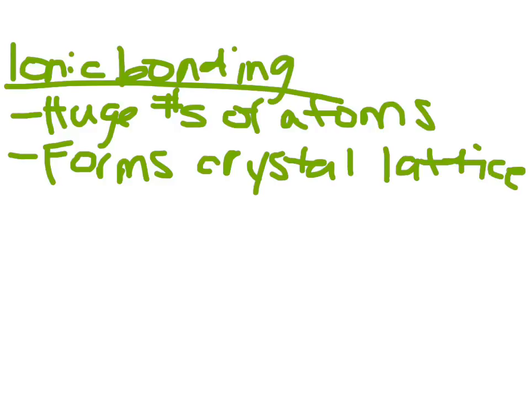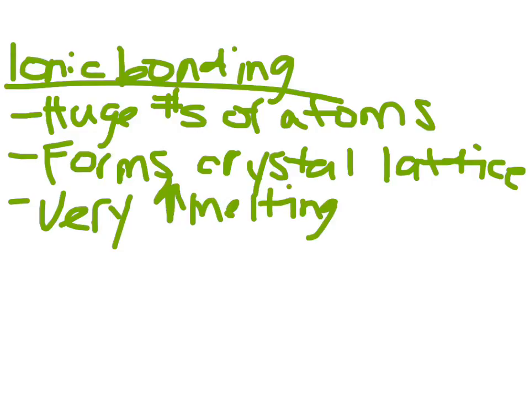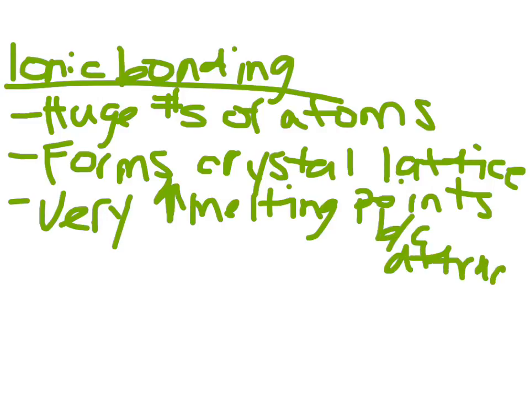Formula unit: the simplest ratio of the repeating pattern. That's not really important. They have very high melting points because of the strong attraction, and they conduct electricity only when dissolved, in electrolytes.